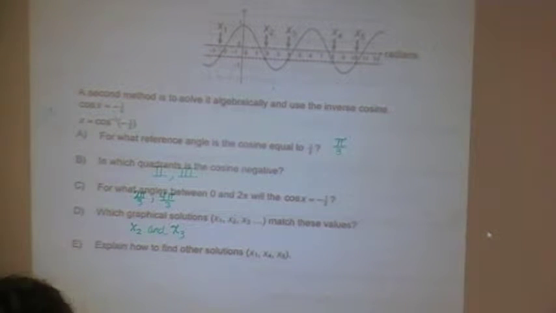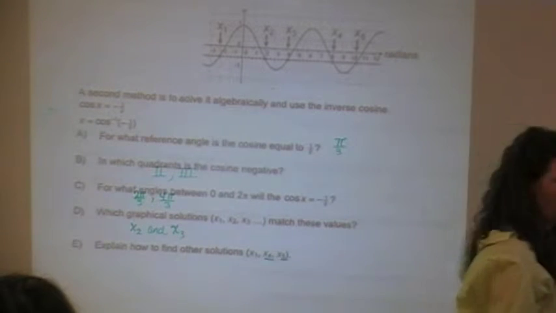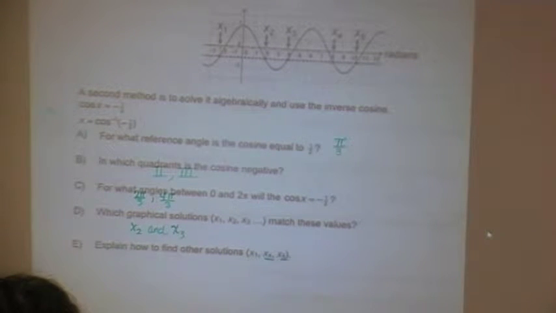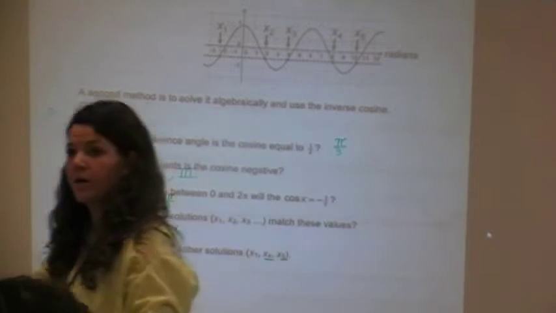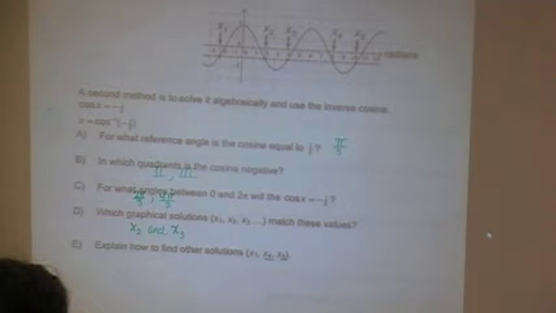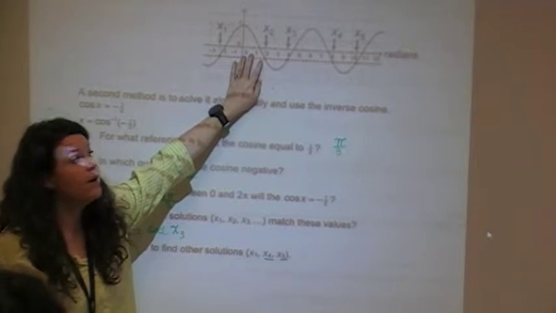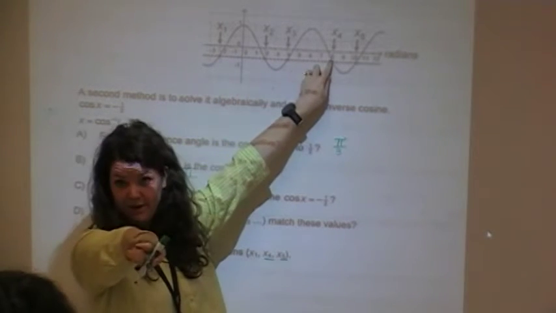Now, let's talk about how we can find x4 and x5. We'll talk about x1 in just a minute. But how could we find x4? You're not wrong, but easier, explain to me, how do I get from what I know, say, this going under the water answer, to this next going under the water answer? Add 2 pi.